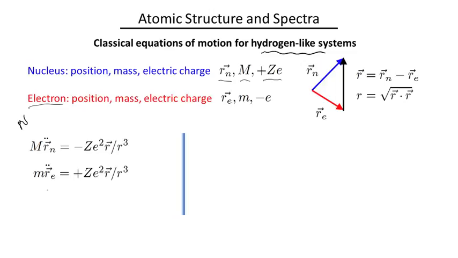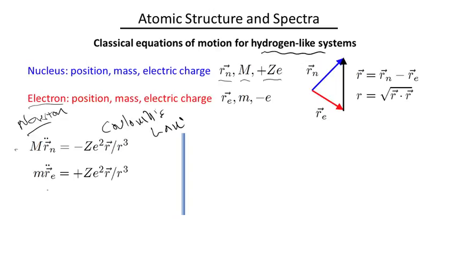Okay, now, here are Newton's equations. It's M a, mass times the second derivative, the acceleration, of the nuclear coordinate. And then this is Coulomb's law. So there's an equation of motion for the nuclear coordinate.